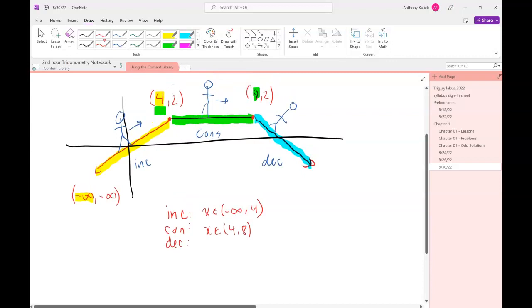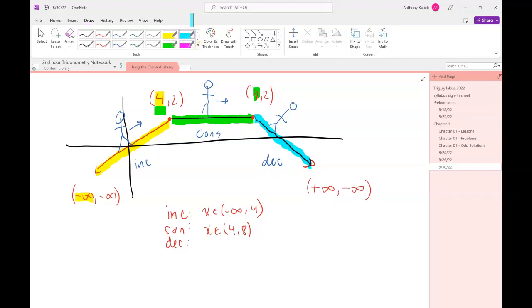Now I'll do my interval decreasing. So my interval decreasing starts at the point 8, 2. That's the point to the furthest left. But the point on the furthest right, oh no, there's nothing written there. Well, that point would be positive infinity because it's pointing to the right, and negative infinity because the arrow is pointing down.